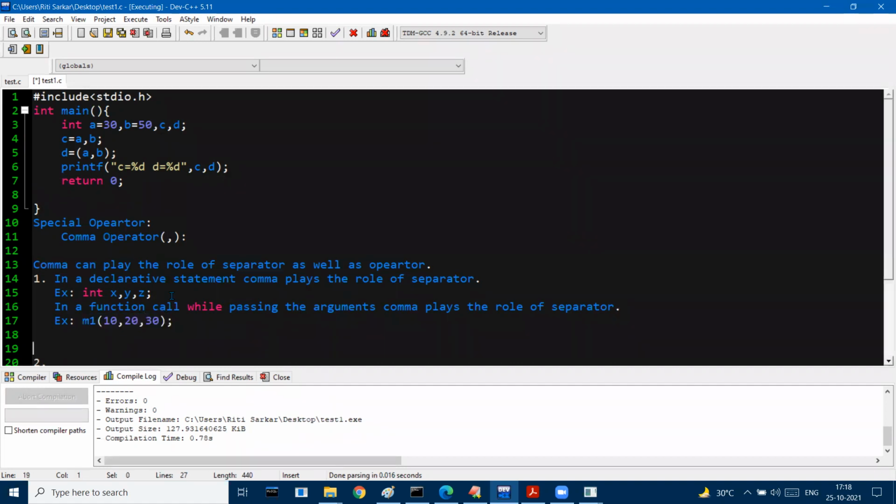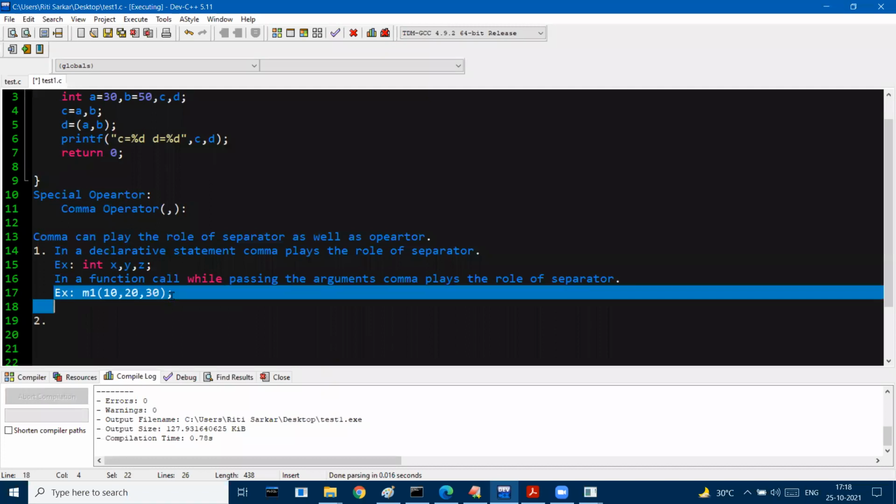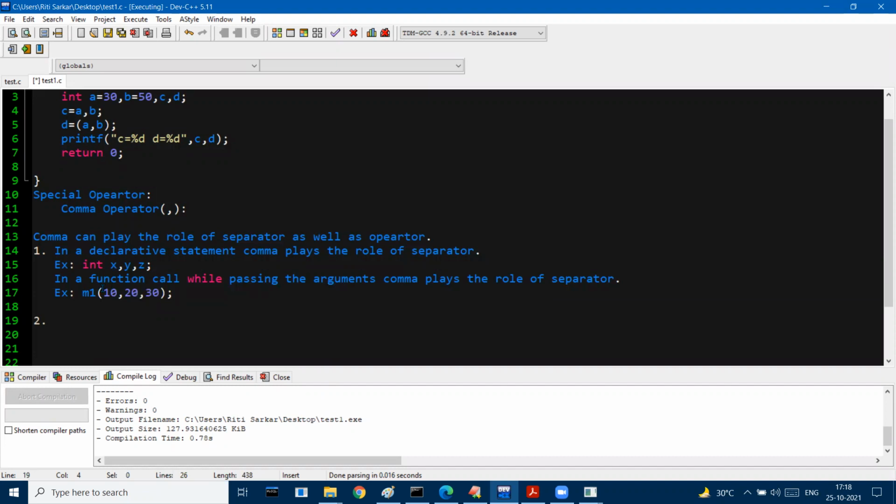Here what role is comma playing? Do you think comma is playing the role of operator? No. Here comma is playing the role of separator, separating 10 from 20, 20 from 30. That role comma plays whenever we are calling a function and sending some arguments. Next, where does comma play the role of operator? Except the above two cases.